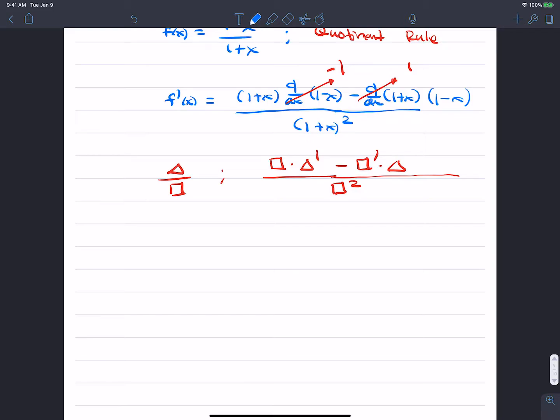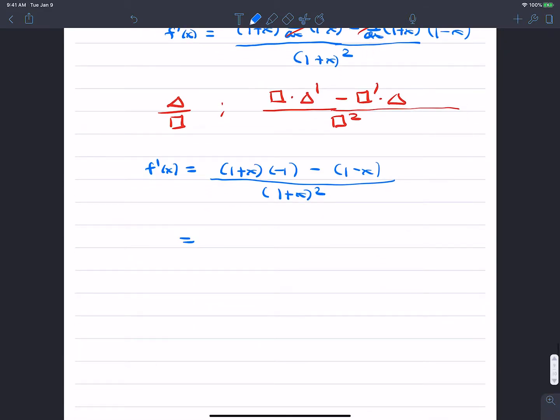So, let's find these derivatives. This will be 1 plus x times negative 1 minus 1 minus x, everything over 1 plus x squared. So if we distribute here, we get negative 1 minus x minus 1 plus x. This is over 1 plus x squared.